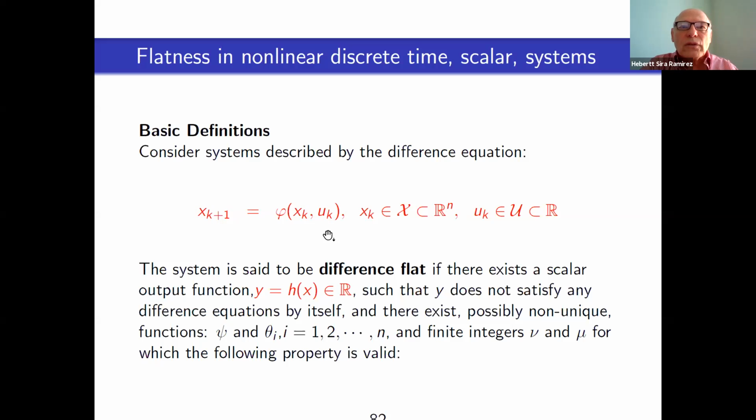So the manifestation of flatness usually comes in the form of an artificial output. That artificial output has the property of being relative degree n with respect to the control input. This is the distinguishing feature, but that's a consequence of the controllability of this equation, or the type of controllability that you can talk about in nonlinear systems.